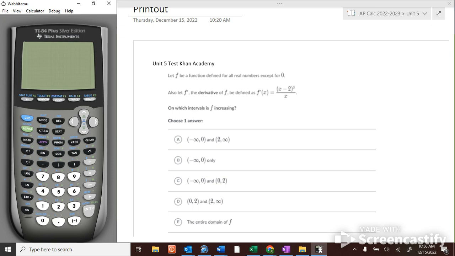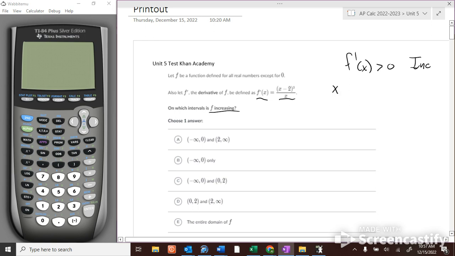So here we go. We're given in the first problem that the first derivative is this of a function. We want to know where the function is increasing. If the first derivative is positive, then it's increasing. If it's negative, it's decreasing. So we take the first derivative and make a little line graph to figure out where it's increasing or decreasing.